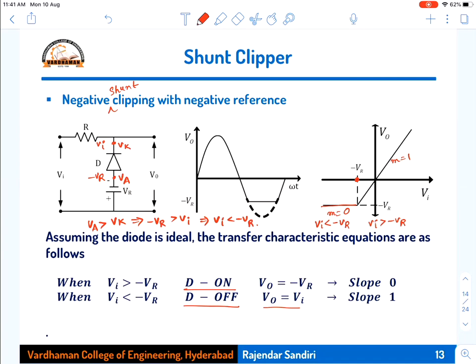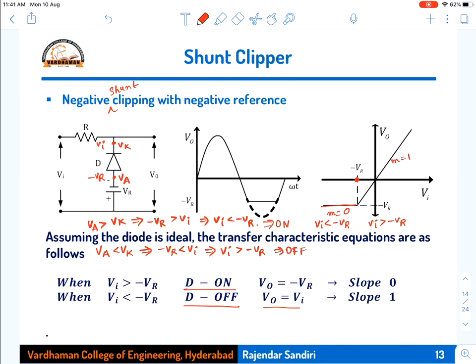Vi is less than minus Vr, then the diode is on. And Va is less than Vk, that is, Va is nothing but minus Vr, less than Vi. That is Vi is greater than minus Vr, then the diode is off.